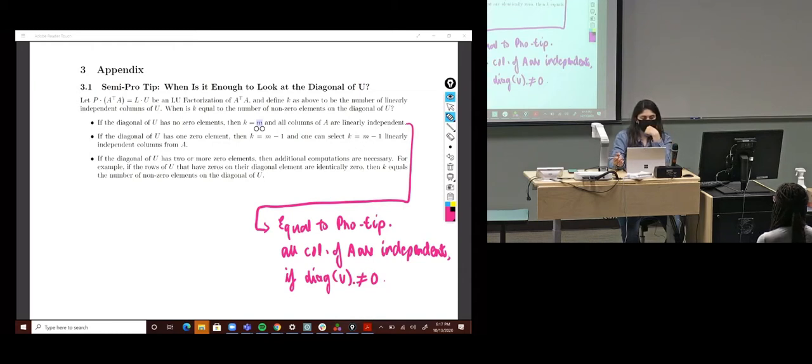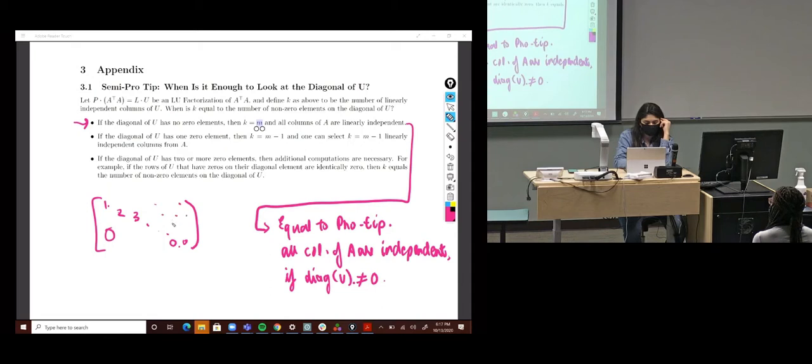Right? So this part we know from the pro-tip to be true. Now let's say there was a 0 element right here, and all these elements were like 1, 2, 3, so on, everything was okay. All of this is 0 because it's upper triangular, and then there are some elements here that we don't care about.